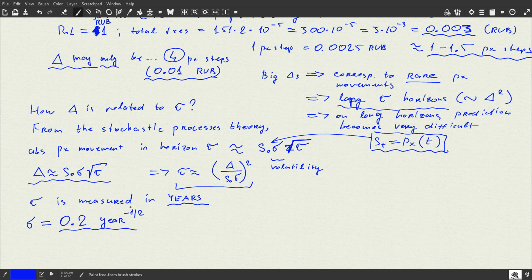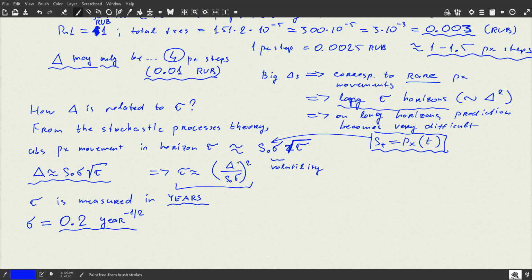So multiplying this constant by a square root of time, again expressed in years, we get a dimensionless quantity, and then delta is proportional to the current S_0. So let's see what it could be. If it is per year to the power minus 1/2, then tau is to be in years as well. This is a little bit unpleasant, but I think we can deal with that.